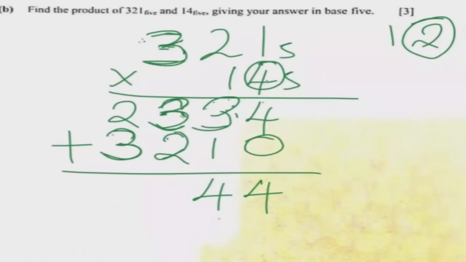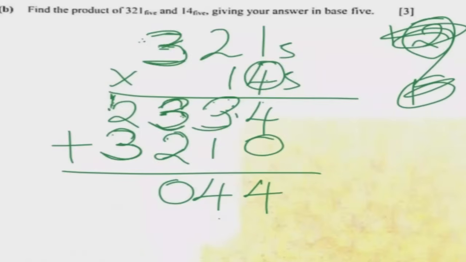How many times will 5 go into 5? It will go 1 time, remainder 0. So we write 0 and the 1 comes on top of 2. So never should you write the 1 this side when you're adding.